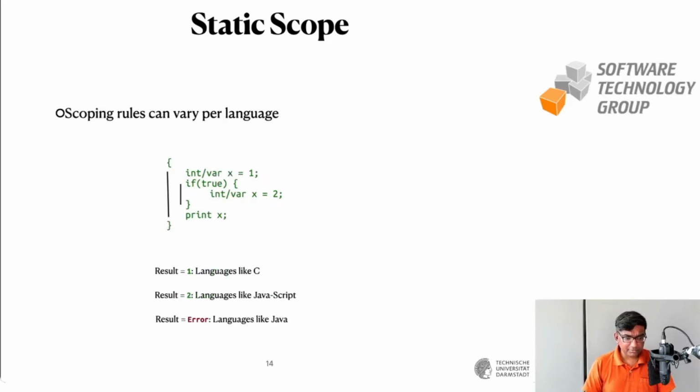Now, as I mentioned before, scoping rules can vary per language. In order to drive this point home, let's look at a code example that can be valid or not valid, and let's assume that we have versions of this code snippet in C, Java, and JavaScript. Of course, in JavaScript, you will have to replace int with var.